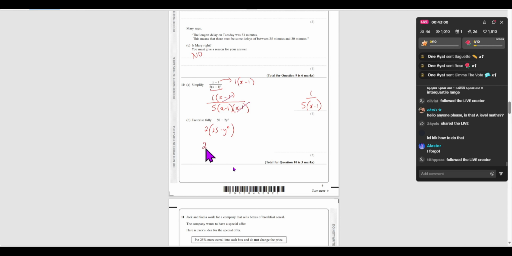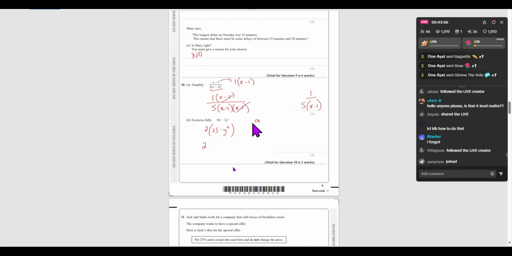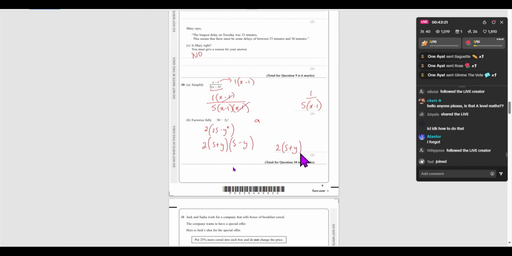Then we can put this in double brackets, so we'll get 2, 5 plus y, and then 5 minus y. Okay.